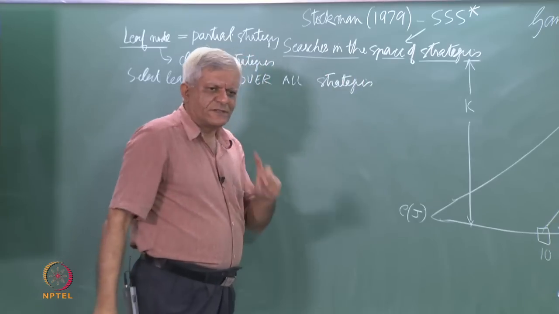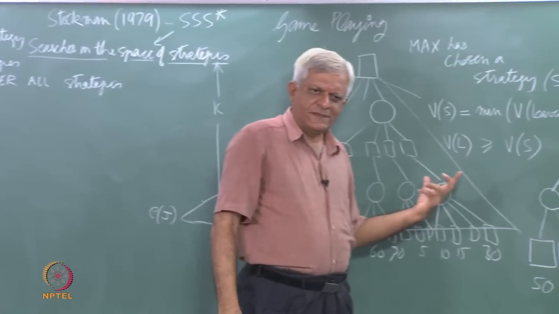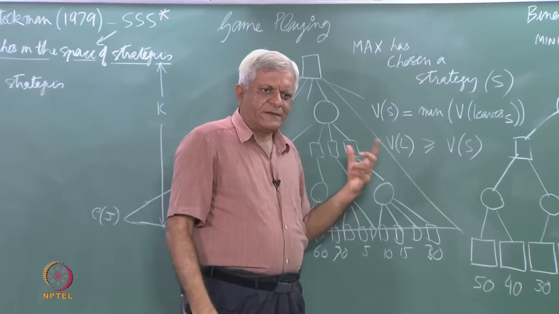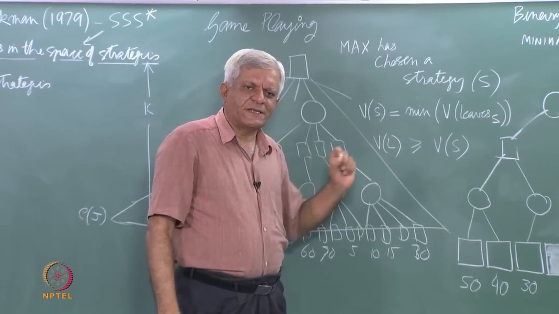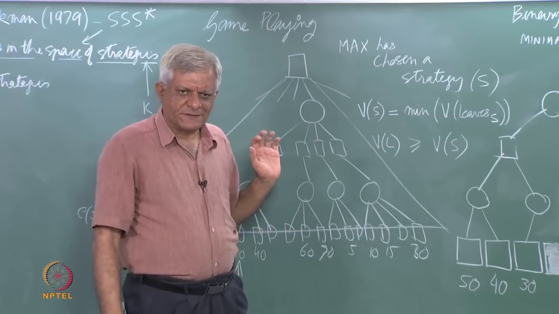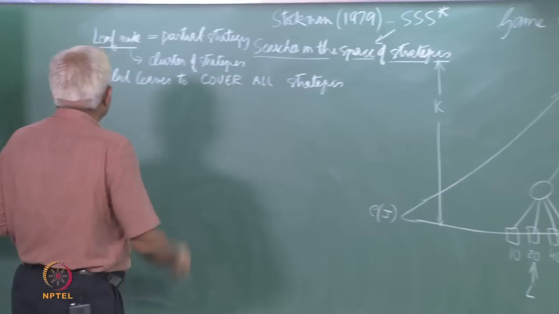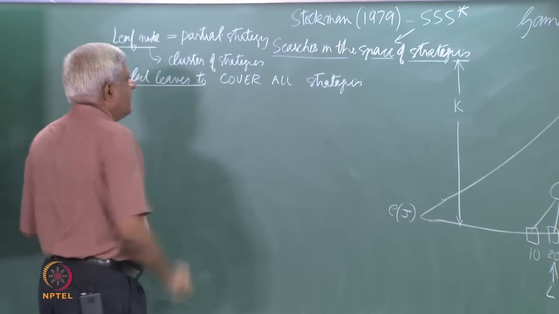Okay. That is the first point of SSS star algorithm, that somehow you select leaves in such a manner that you have a representative from all possible strategies, which means you have covered all strategies. How do you do that? It is very simple.